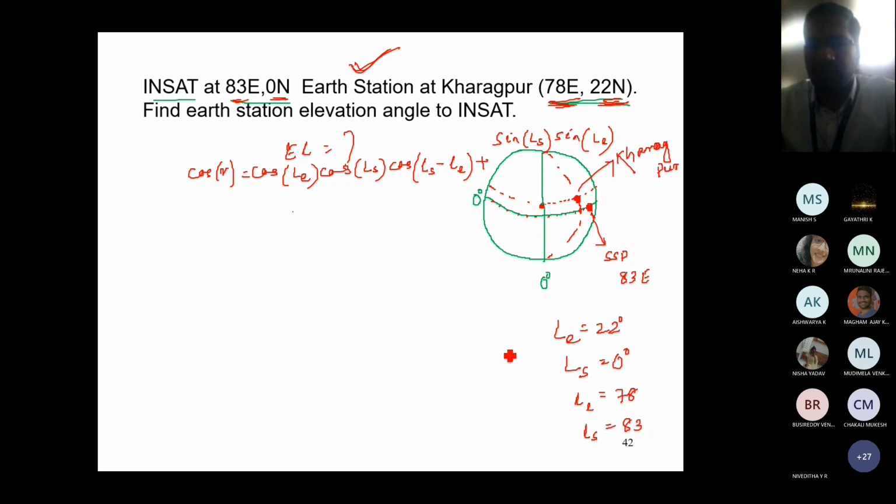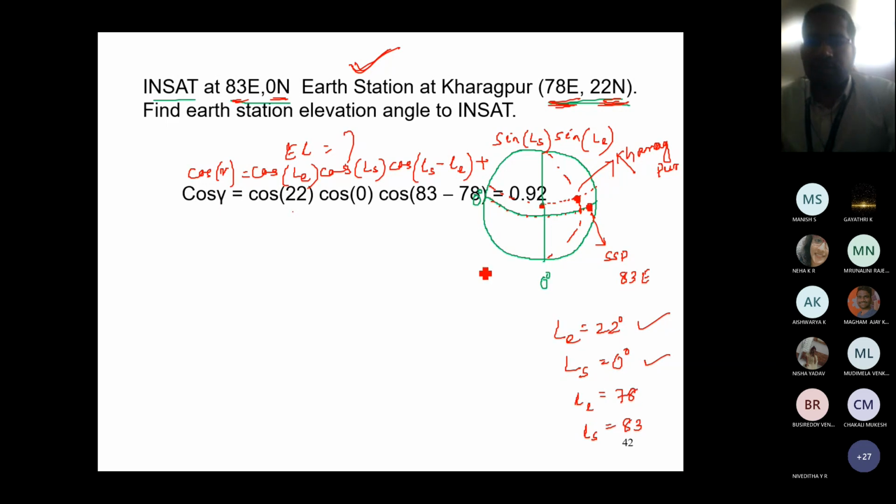So all values you have. Now you put these values in the equation. Capital LE is 22, capital LS is 0, and then small ls minus small le, where small ls is 83 and small le is 78, so 83 minus 78.